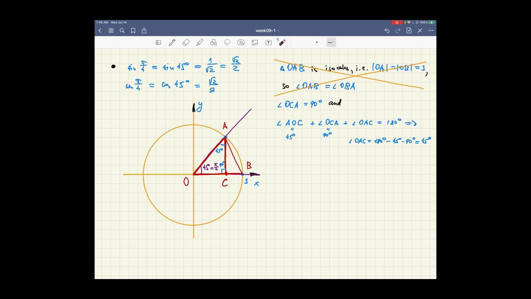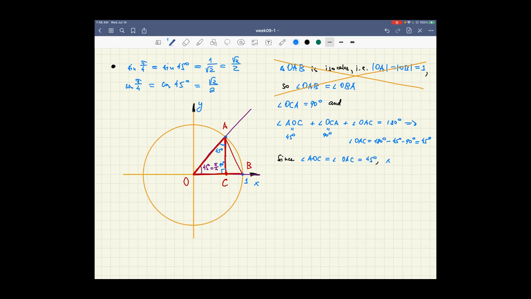We have in triangle OAC two angles equal. This triangle is isosceles, since the angles AOC and OAC are equal, both 45 degrees.